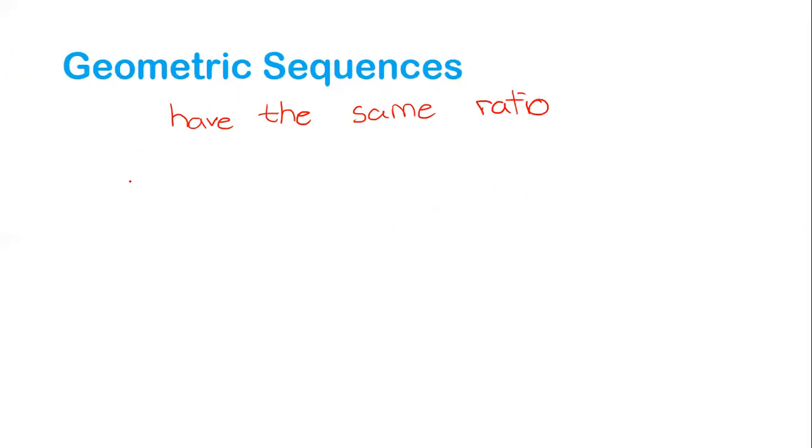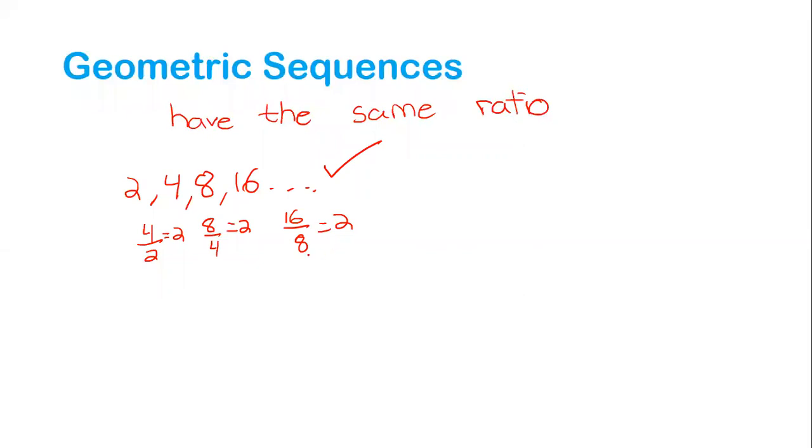So if we had a sequence such as 2, 4, 8, 16, and so on, we're looking for the ratio. So 4 divided by 2 gives us 2. Next, 8 divided by 4, also giving us 2. And finally, 16 divided by 8, also giving us 2. So since the ratios are the same, we know that this is a geometric sequence.